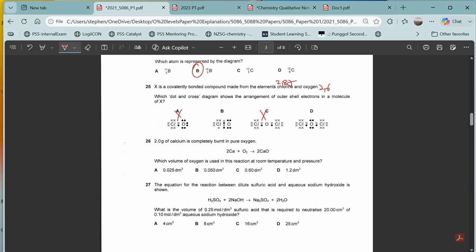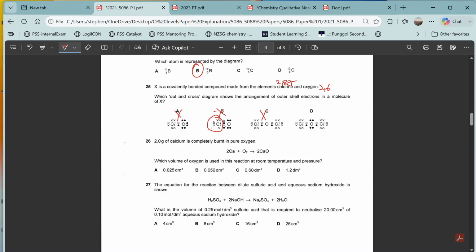Looks okay, but if you count properly one more time, after they combine, the valence electrons for chlorine is 1, 2, 3, 4, 5, 6, 7, 8, 9, right? Look at 9. And oxygen 1, 2, 3, 4, 5, 6, 7, 8.